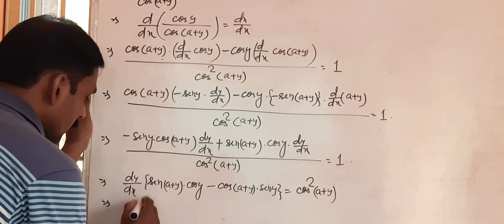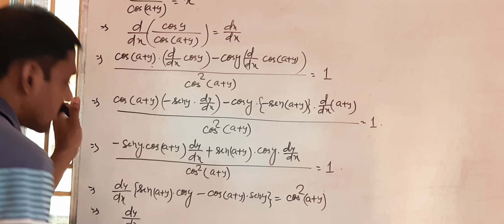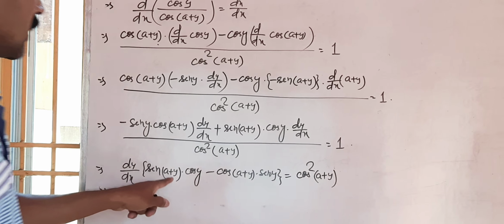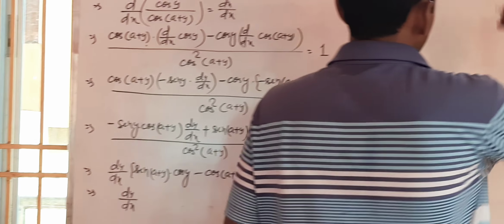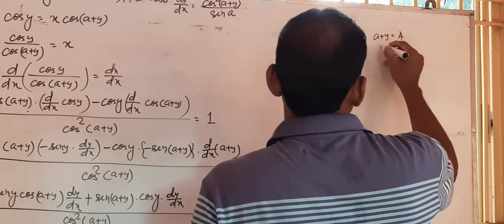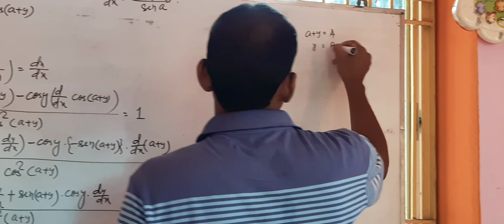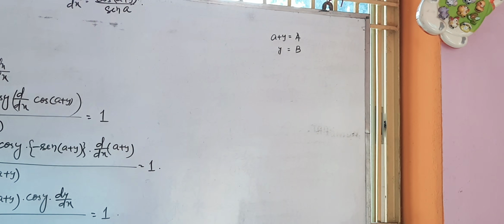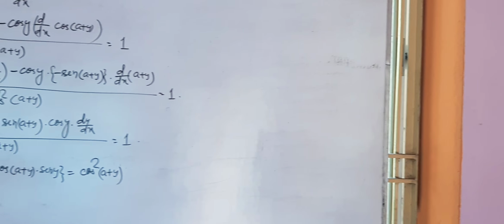Now this is dy by dx. Now students, if we take a plus y as a and only y as b, and if you put it here, then what are you getting?